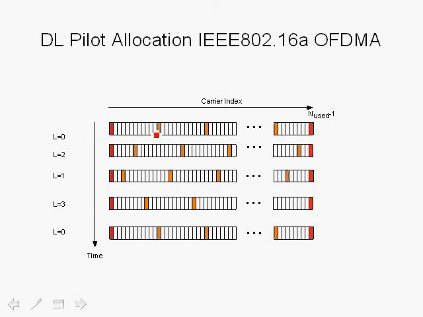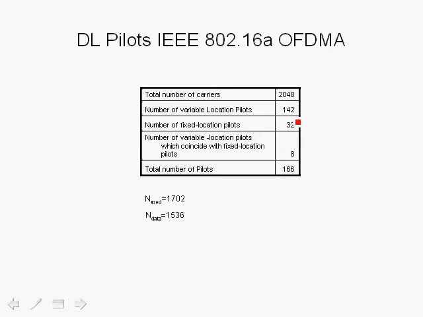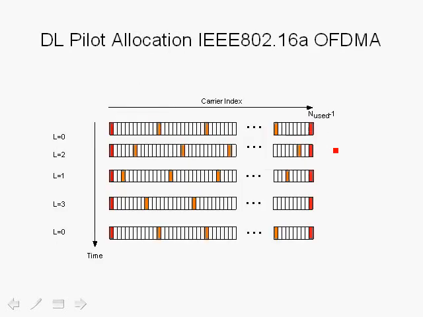And based on L, you can actually find out what the location of the variable pilots are. So recall that the number of variable pilots was 142, and they have to be distributed among the N used carriers. So for L equals 0, we're showing where the variable pilots occur, and you see that they're spaced at equal distances, and these locations are determined by L equals 0 in this case.